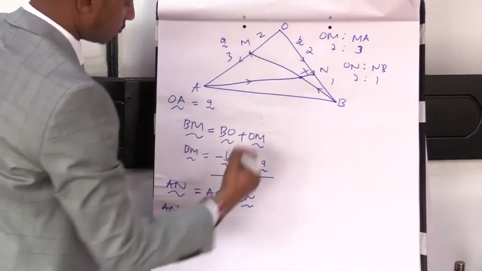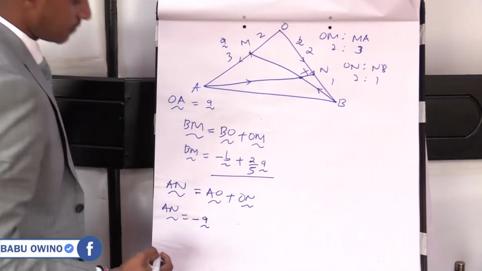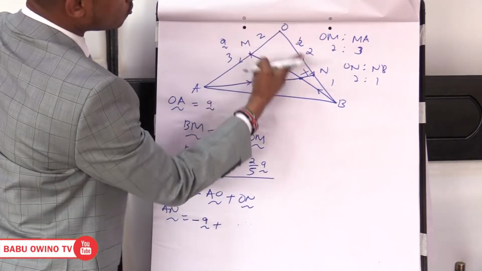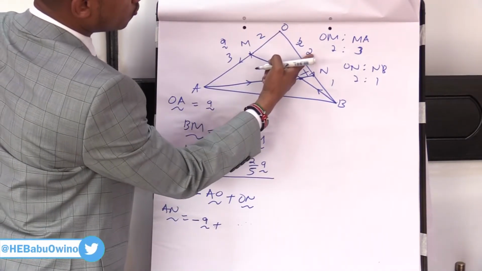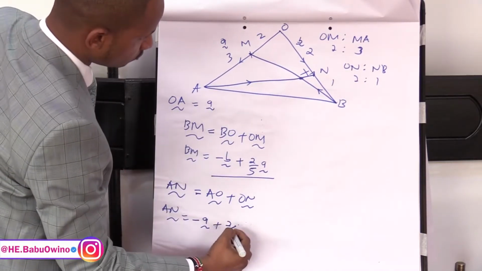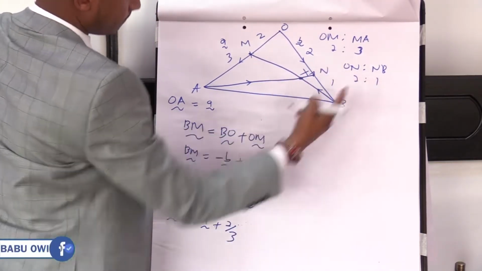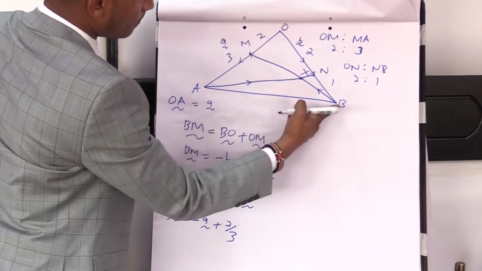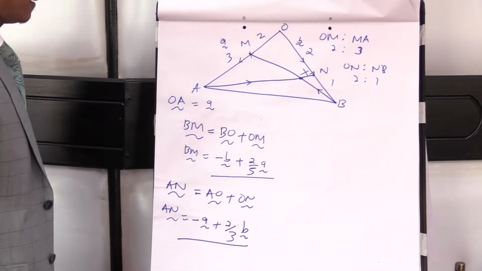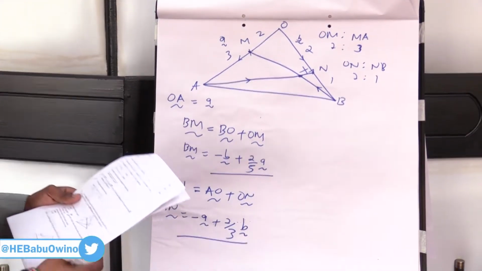You are changing direction, which is negative A, plus O to N. O to N, the ratio here is 2 over the total ratio, which is 3, of OB, but OB is B. You've harvested another mark.